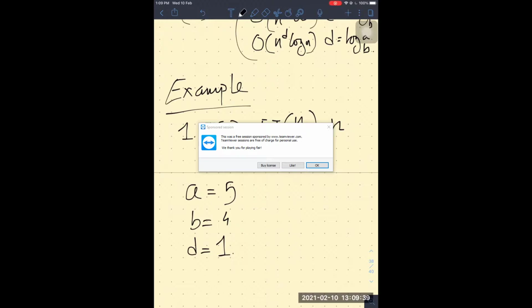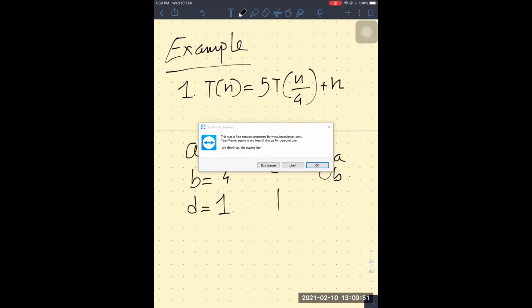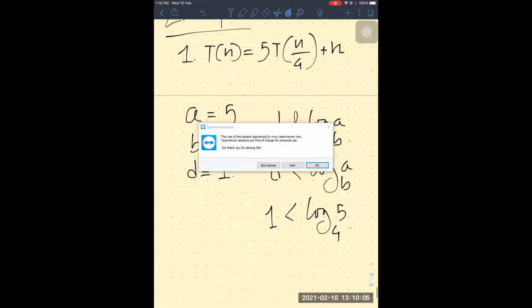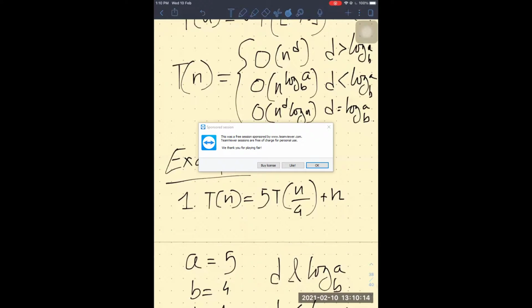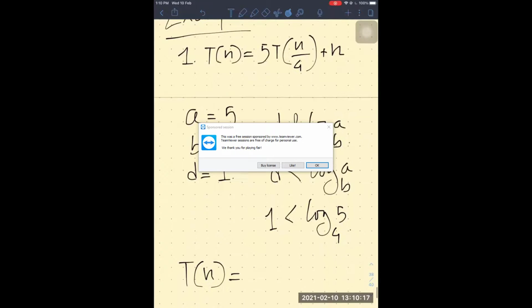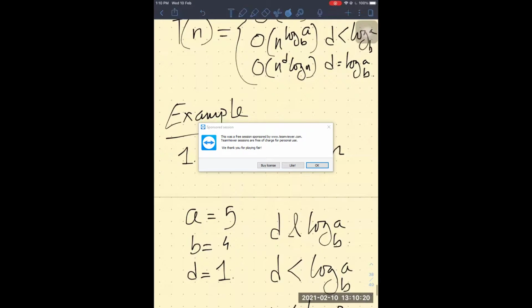So we have a relationship between d and log of a base b. Here we can see that d is less than log of a base b. That is, 1 is less than log of 5 base 4. Therefore, the runtime of this given algorithm, T(n), will be big O of n to the power log a base b from Master's theorem.